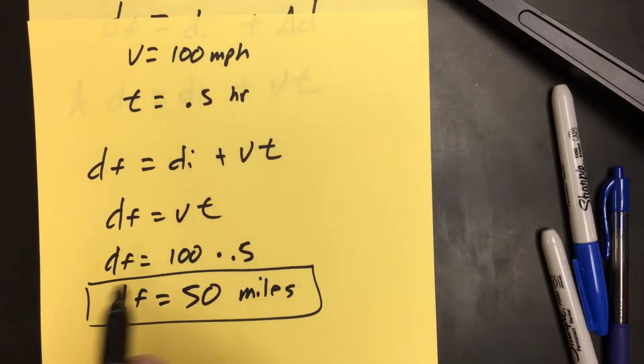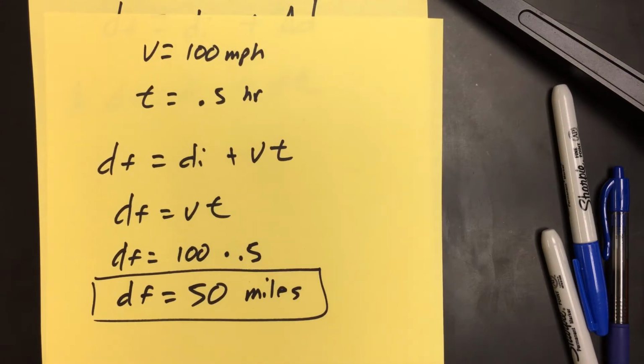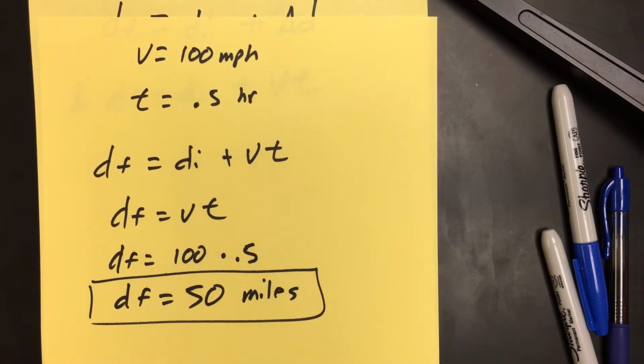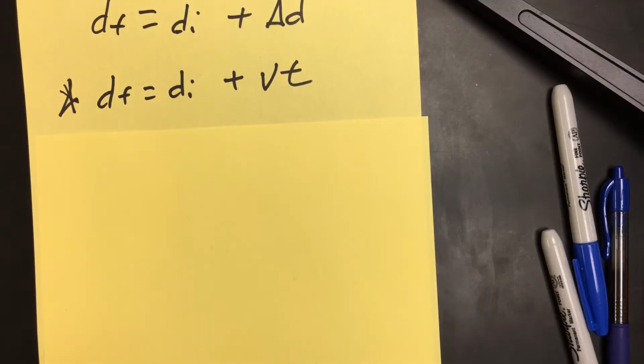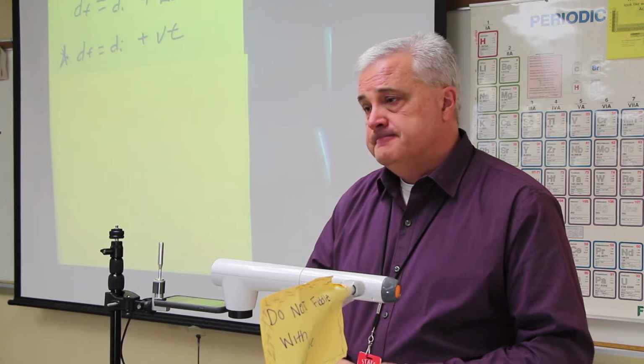This is so easy that there's really no point in doing another example. The more general case where we start with some distance from something and it moves requires us to use the whole equation. That's all there is to doing this.